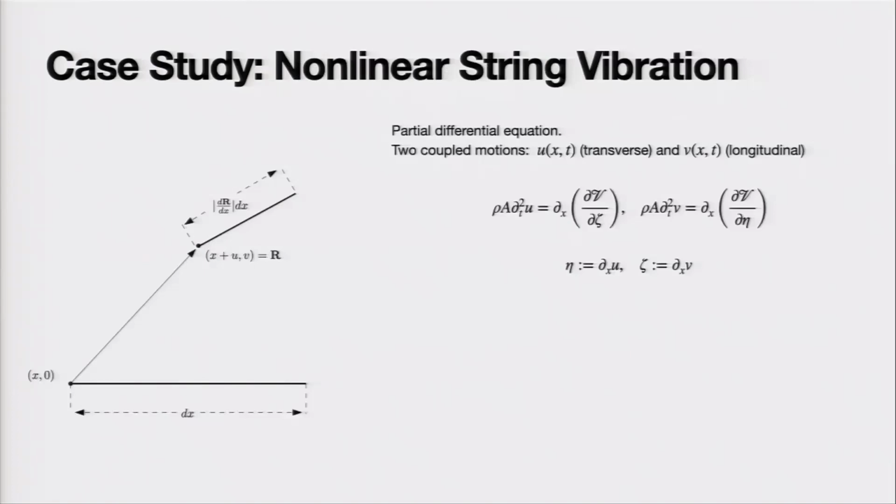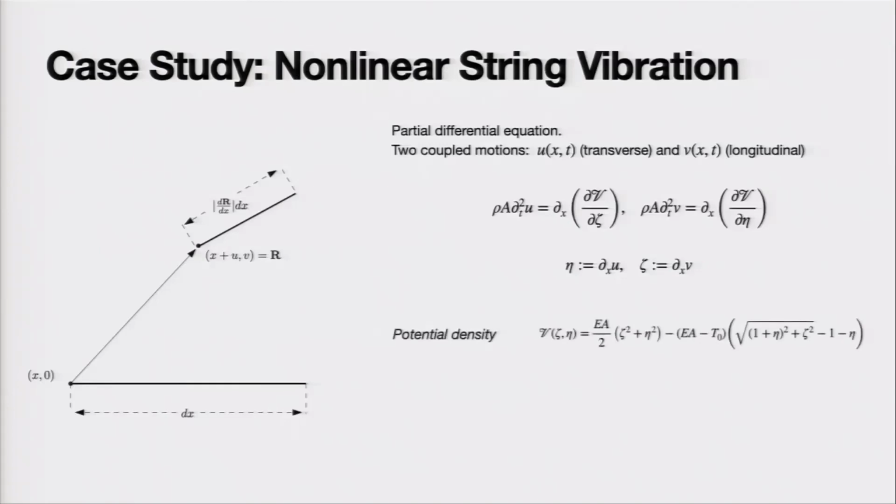And the string is defined by two coupled differential equations. The one in U, which is the vertical displacement of the string, and the one in V, which is the longitudinal displacement. So when you look at nonlinearities in strings, these motions are coupled via this equation.